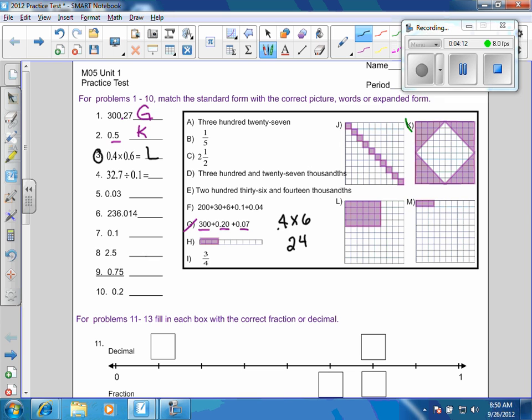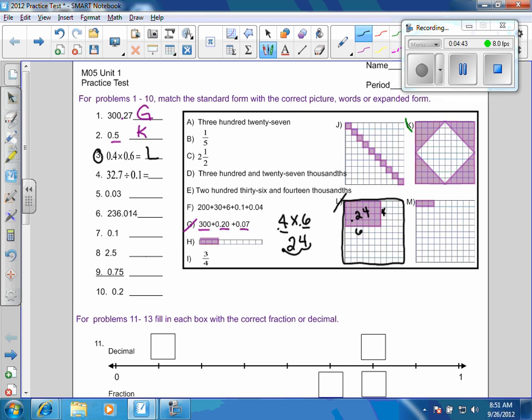So if it's 4/10 times 6/10, there's 2 decimal places, so how do you say that answer? Hundredths, and this is a hundredths plate, and you have 4 by 6 here, so you have 24 little squares shaded, so that's 24 hundredths. So L is correct there.